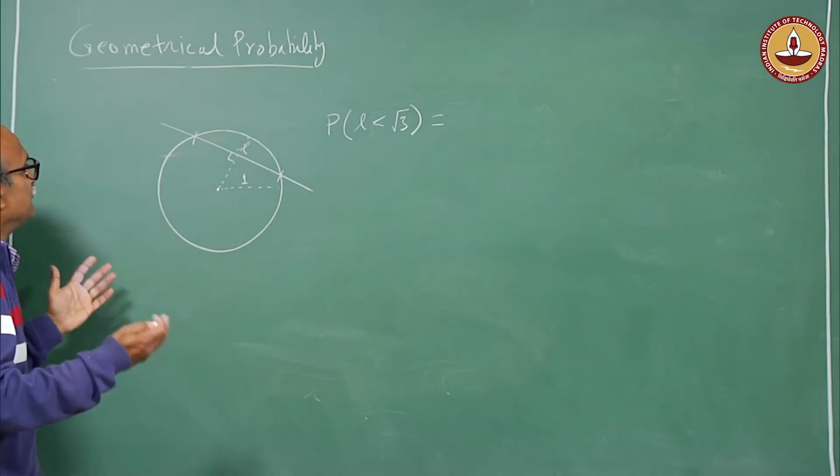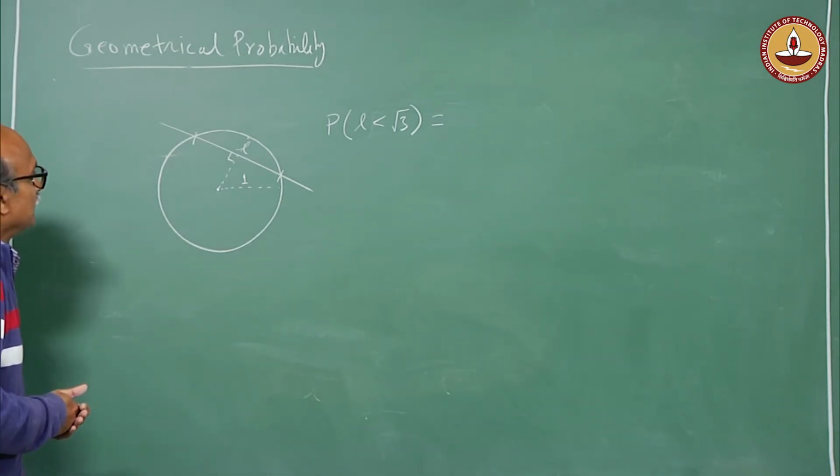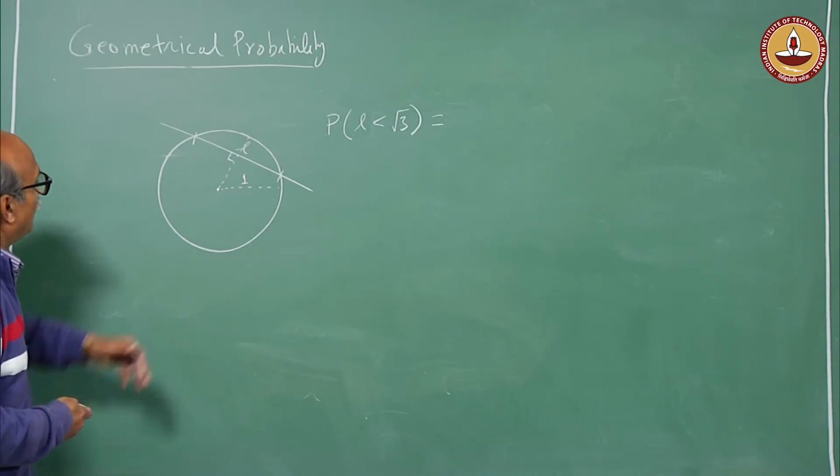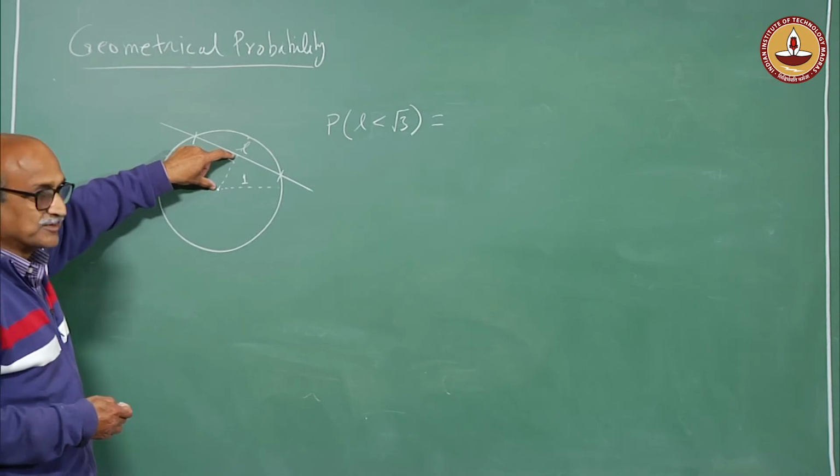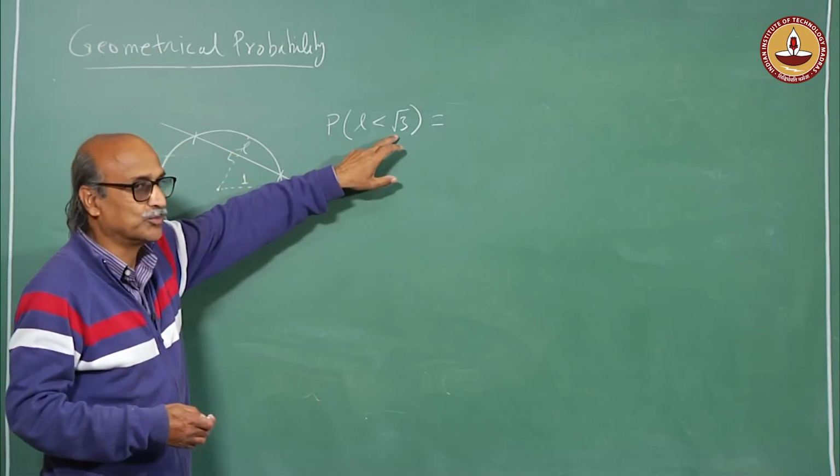So, let us find out what is the perpendicular distance of this chord from the center when this length is root 3.